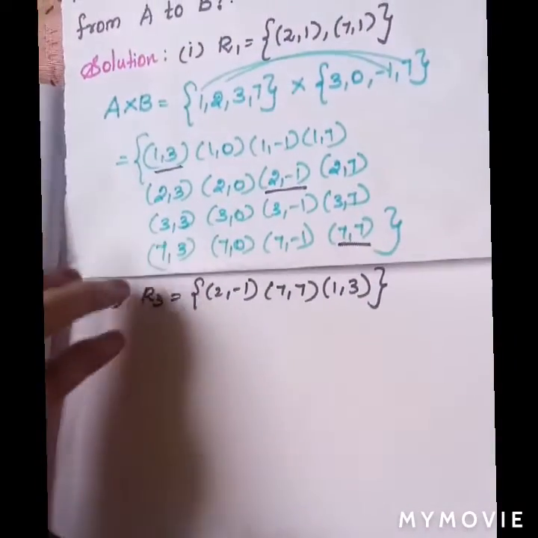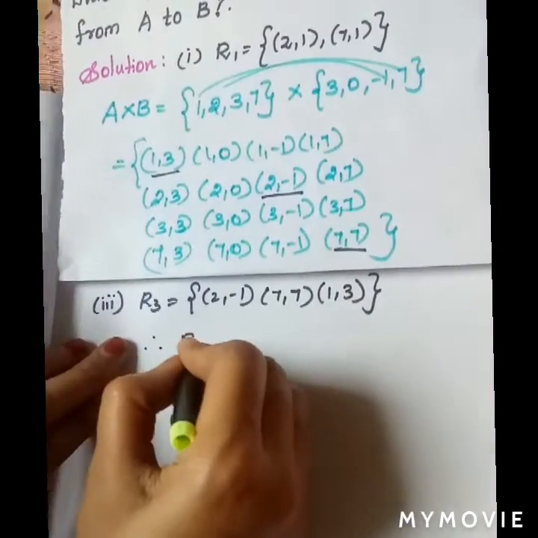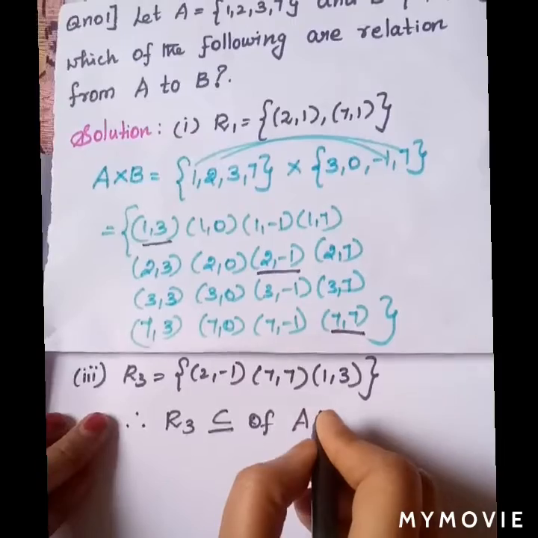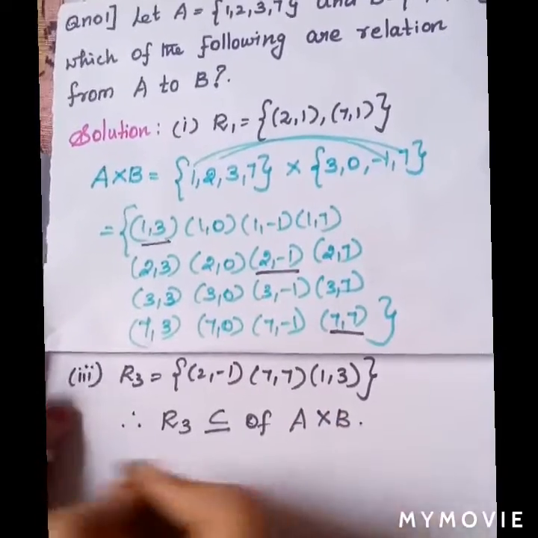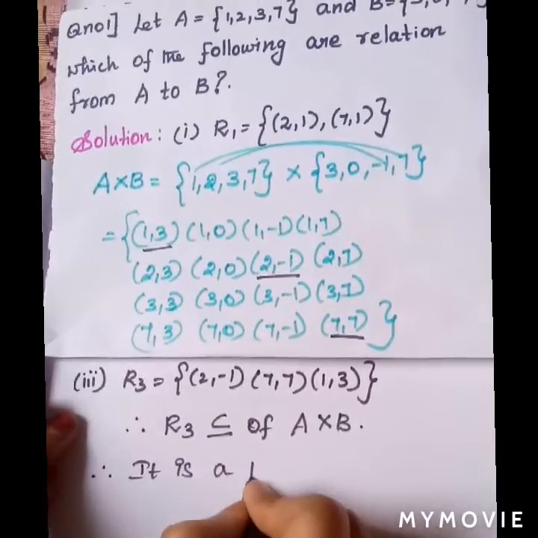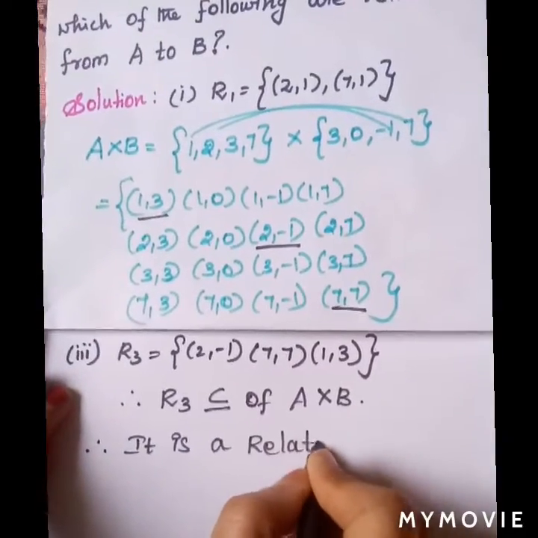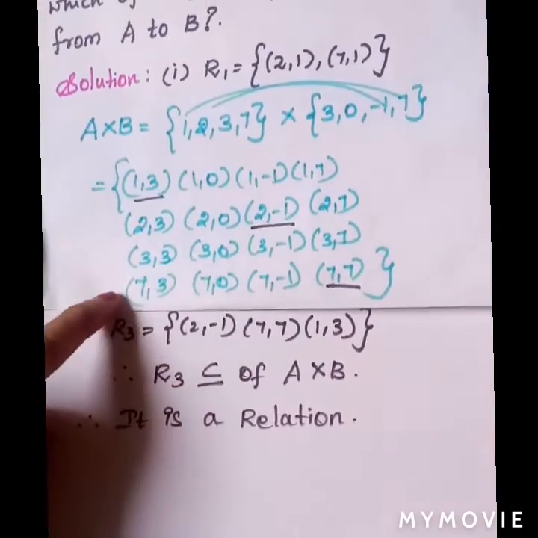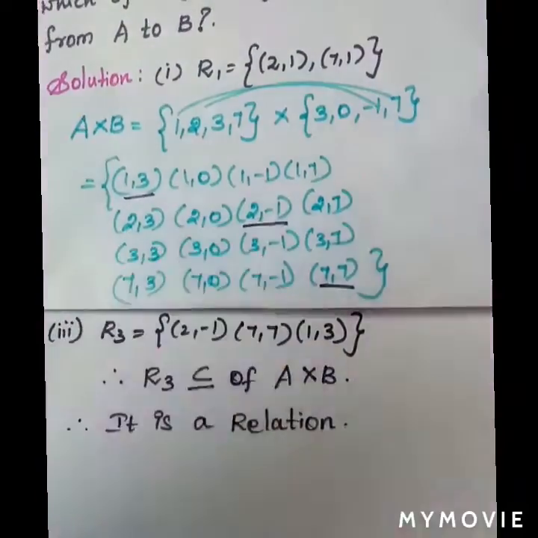Therefore, R3 is a subset of A cross B. Hence, it is a relation, because all the terms are satisfying A cross B.